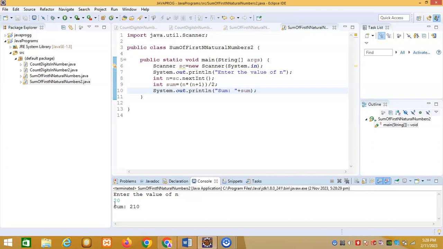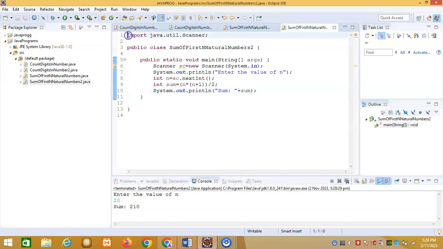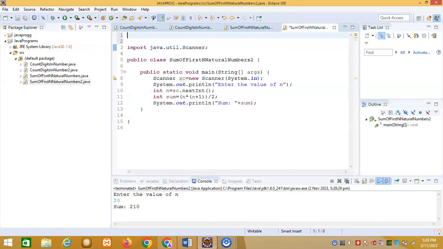So this is how we solve the problem of sum of first n natural numbers using the order of 1 approach.